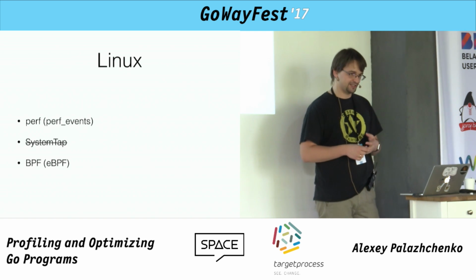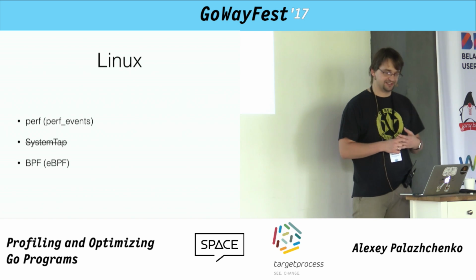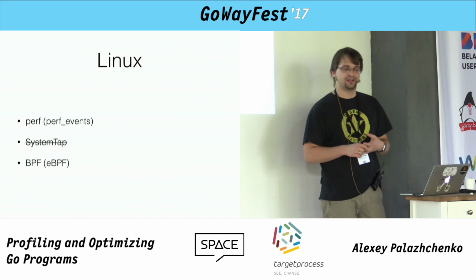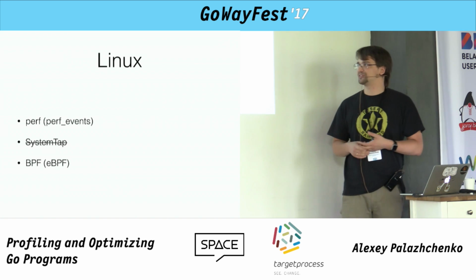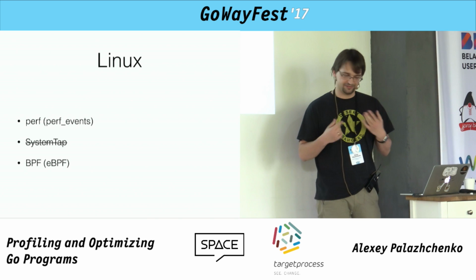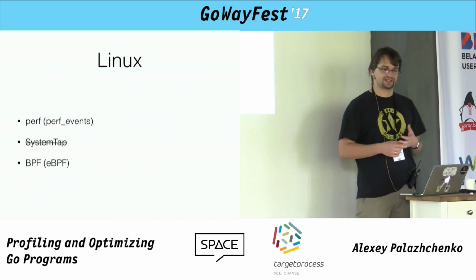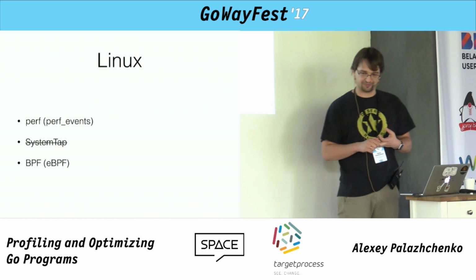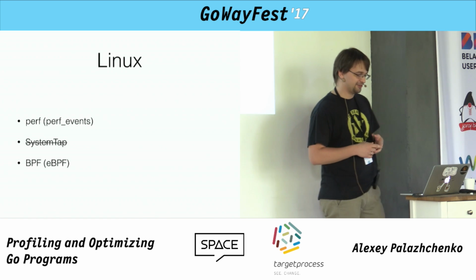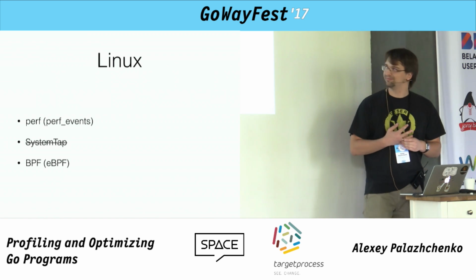They expanded it a lot, and now it's more like DTrace for Linux. So you can do a lot of stuff with that. You can add dynamic traces, you can watch for dynamic events, and other very cool stuff. And it has some Go integration. It's not very stable yet. You can crash your program easily, but if you're lucky, you can also trace it.